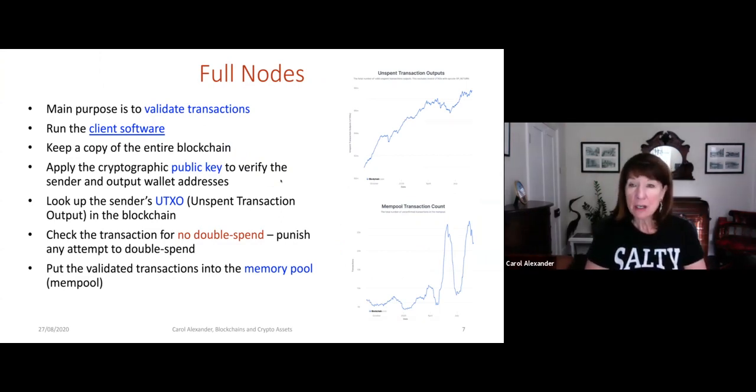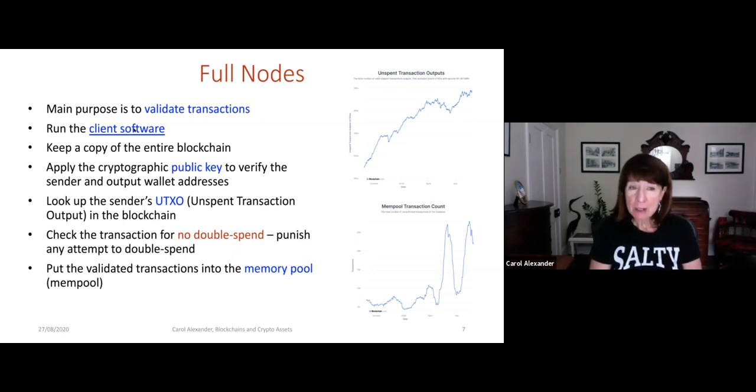Full nodes are the nodes that run the client software, Bitcoin Core. And if you want to download it, just click on that link and then you can see what it's like to install. They keep a copy of the entire blockchain, so you need a lot of memory in order to be a full node.